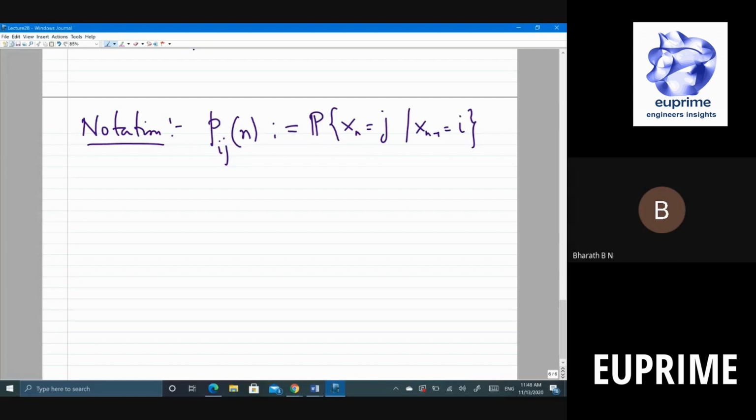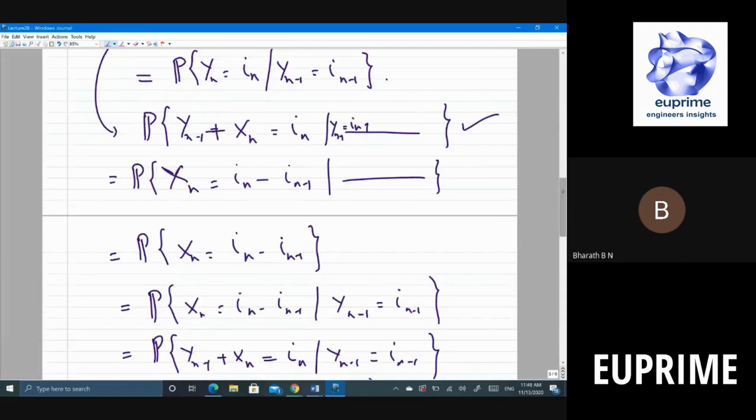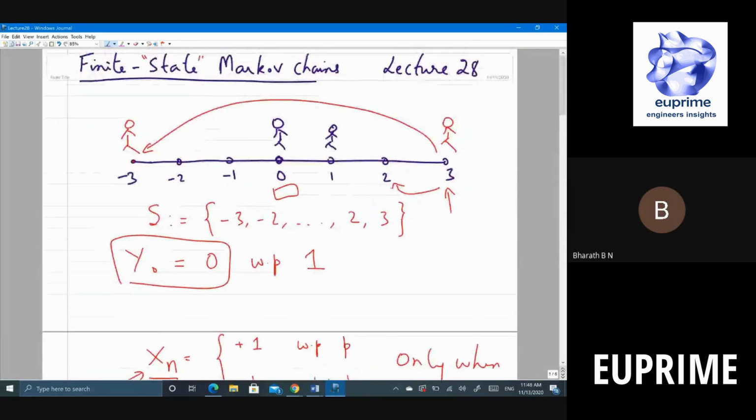Because, for example, when you looked at this Markov chain, you used a coin. The bias of the coin was fixed at p. But what if I use a different coin as time progresses? That means I'll have different biases.